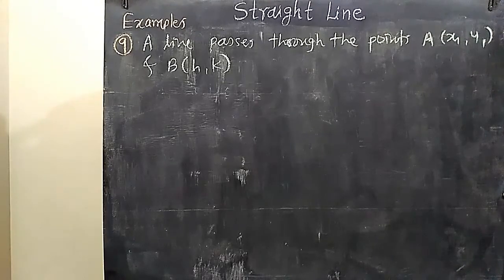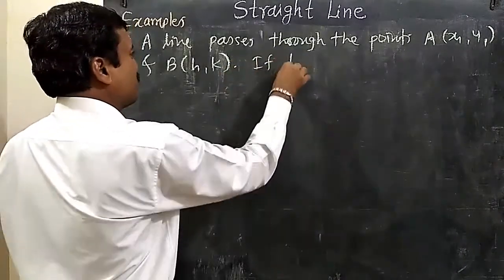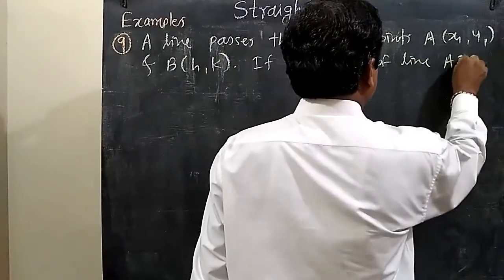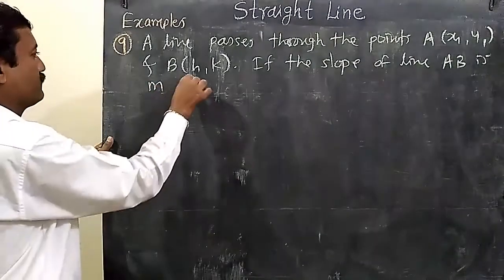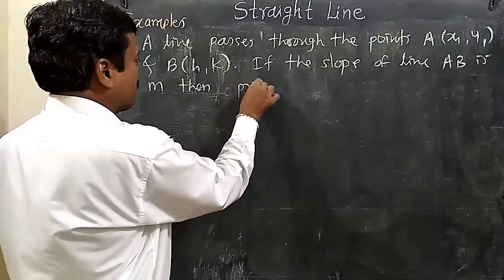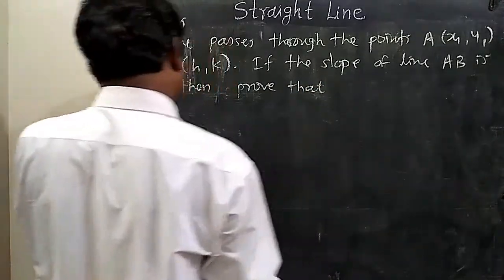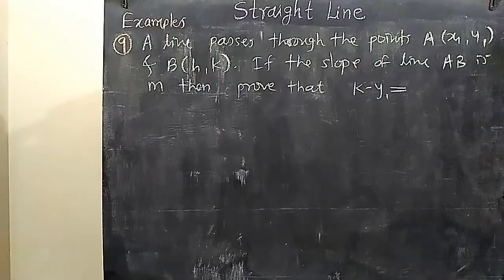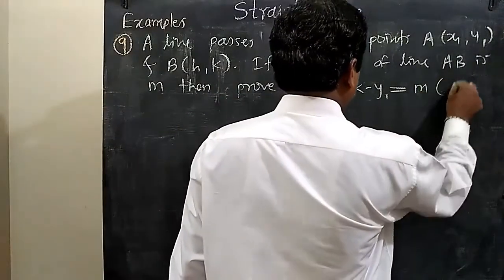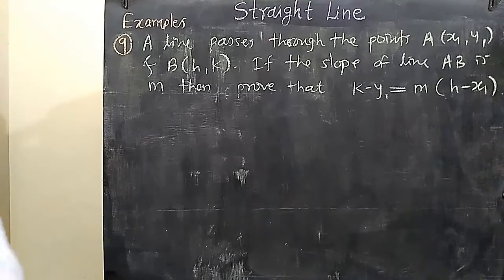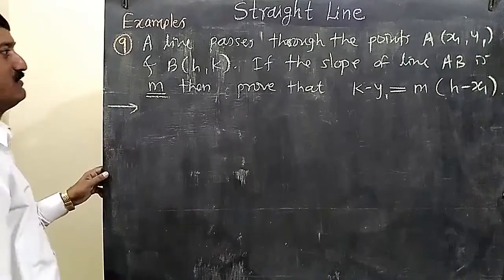If the slope of line AB is m, then prove that k minus y1 is equal to m into h minus x1, where m is the slope of the line. Then prove that this equation is true.